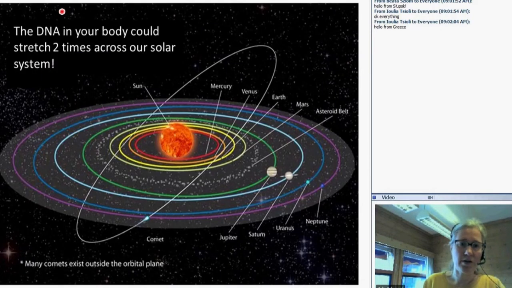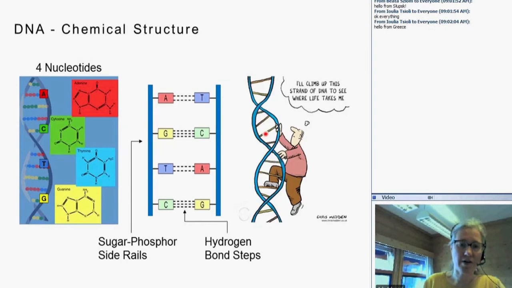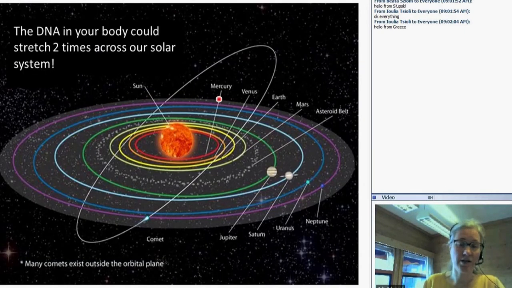This DNA is very, very tiny, and it's coiled up in tight coils, so this whole ladder wraps around itself. If you were to uncoil it and put one end of a DNA ladder to the beginning of the next DNA ladder, and do that with all of the DNA contained in one human body, it is so long that it can cross the diameter of our solar system 2 times.